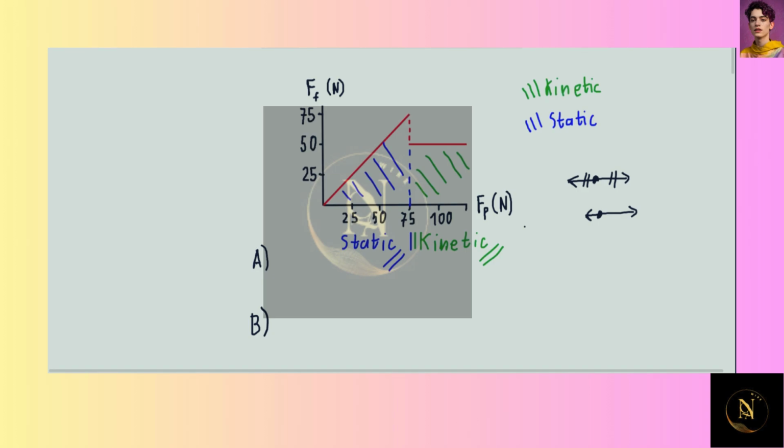Now, let's remember the equations that we have for each of them. The force of static friction is equal to the coefficient of static friction times the normal force, which is equal to the weight of the object.